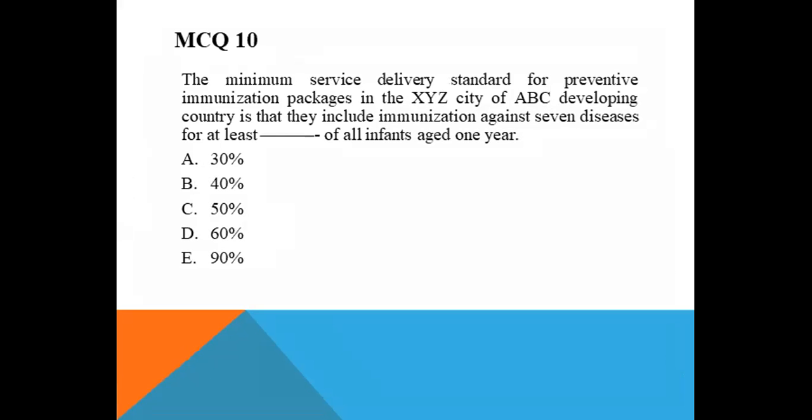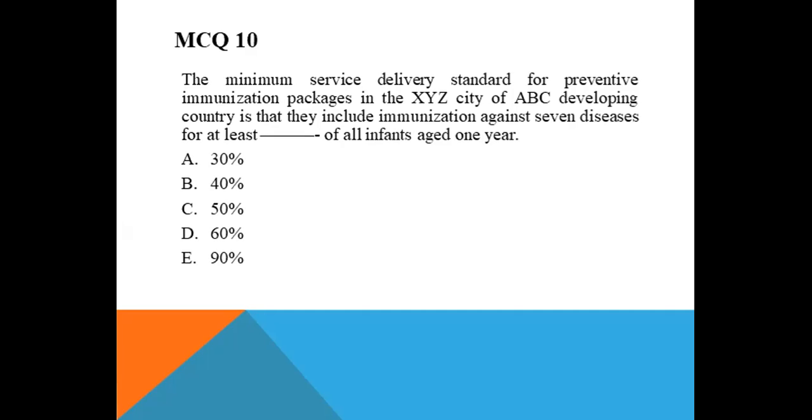MCQ 10. The minimum service delivery standard for the preventive immunization package in XY city of ABC developing country is that they include immunization against 7 diseases for at least dash percent of all infants aged 1 year. Alpha, 30%; beta, 40%; C, 50%; delta, 60%; E, 90%.